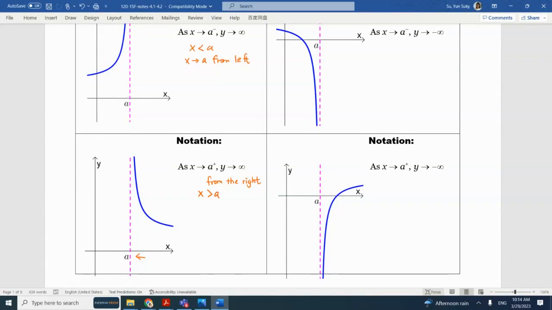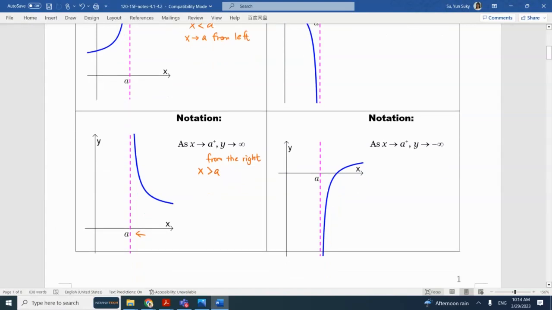And the last one, left or right? Right. Top or bottom? Bottom. As x goes to A from the right, y goes to minus infinity. So it's one of those 4 types. You decide whether it's left or right, top or bottom.